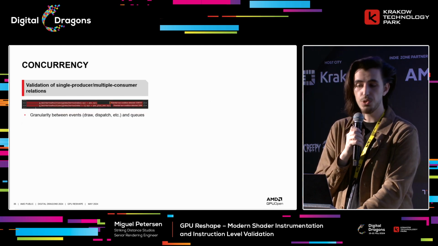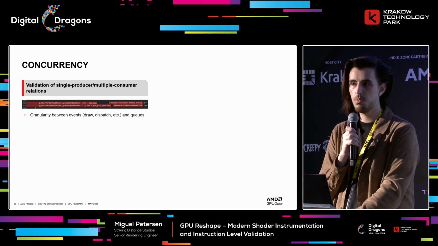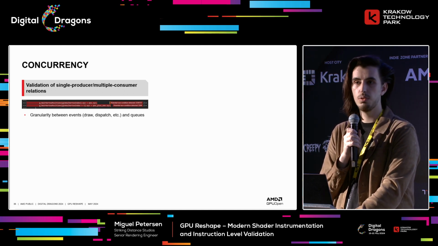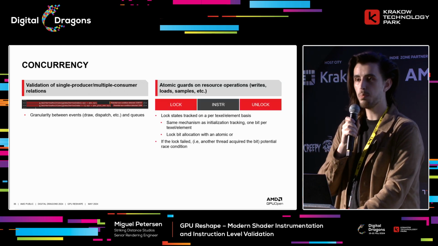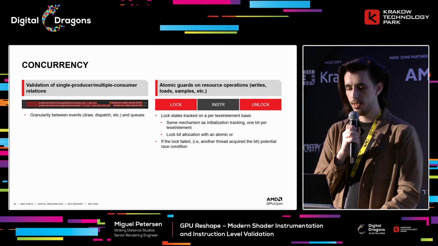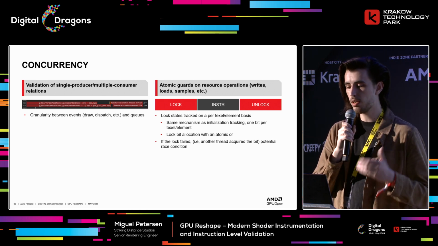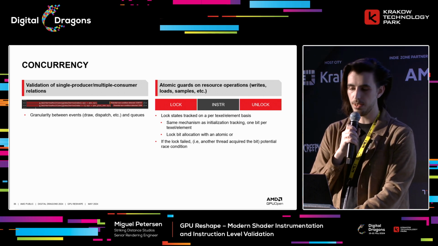But even if there's data, maybe it's concurrently being read and written to, a race condition. So let's try to detect that as well. At most, we know that there can be a single producer or multiple consumers. As with initialization, this is tracked on a per texel or element level, on a bit-by-bit basis. And this essentially works by assigning lock guards on writes and then validating the active lock on reads.